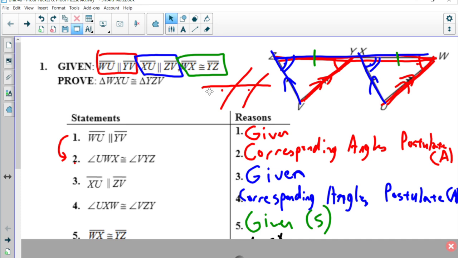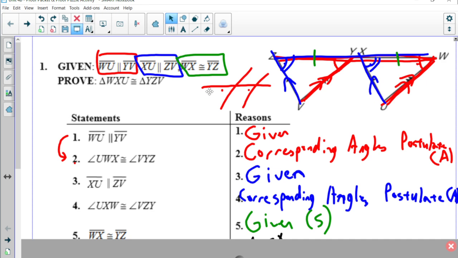So now we can say the triangles are congruent because we proved three different pieces of information. So we showed how many pairs of sides? Just one. How many pairs of angles? Two. All right, and then we look up at our diagram. Is the side that we have included in between those two angles? Yes, it is.